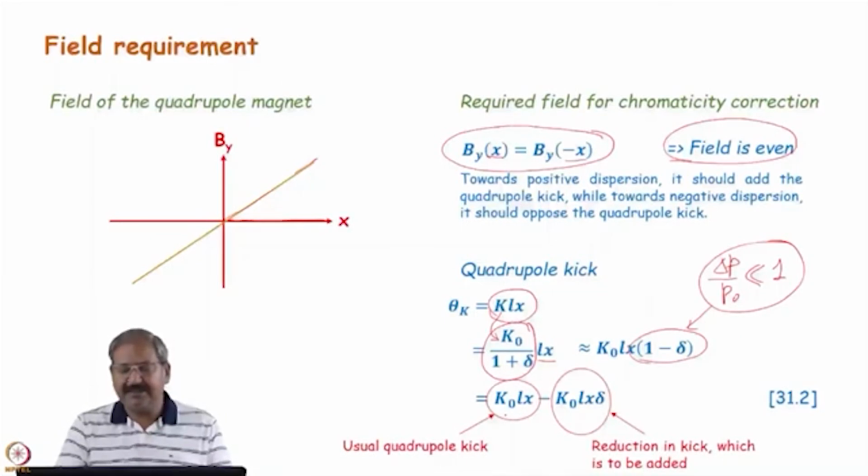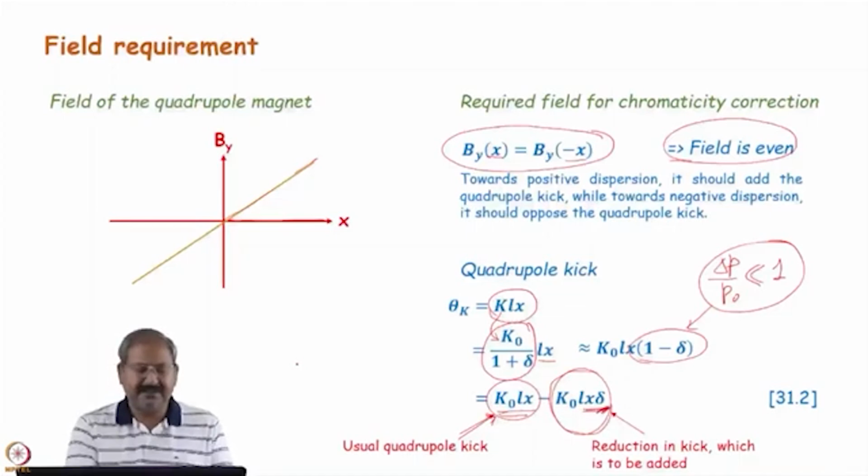Now you can see that this is the normal quadrupole kick. Let it be a right momentum particle, the quadrupole kick should be K0 Lx, and this is there. And this kick is due to delta. If delta is 0, this kick will be 0. Means this is for the off momentum particle, and it varies as x into delta.